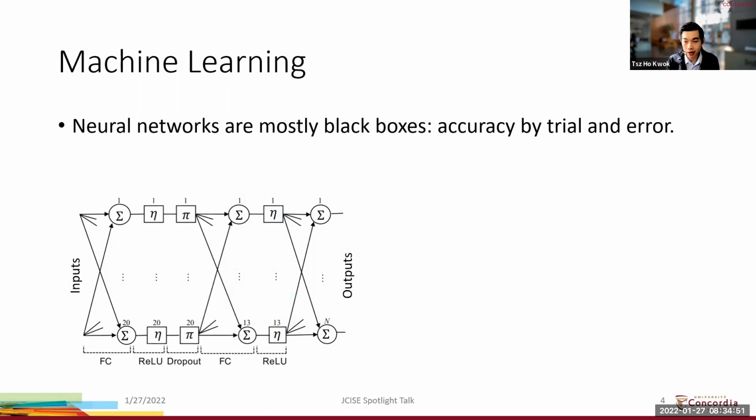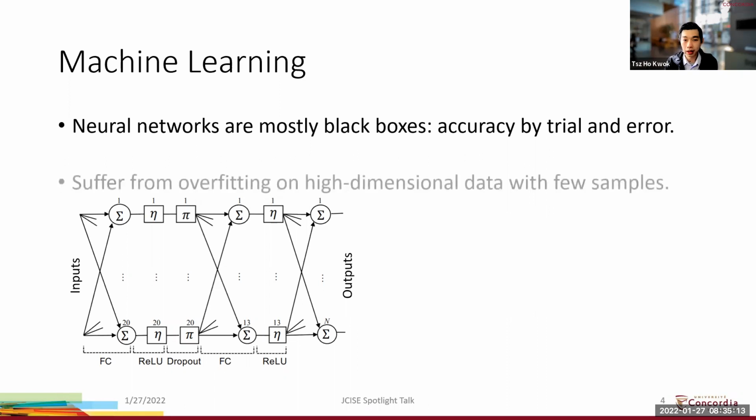We set up the number of hidden layers and hidden nodes, and try our best to change them to achieve accuracy by trial and error. But sometimes we wonder, why does it work for 10 hidden nodes, but not when I use 11 hidden nodes? We don't really know why.